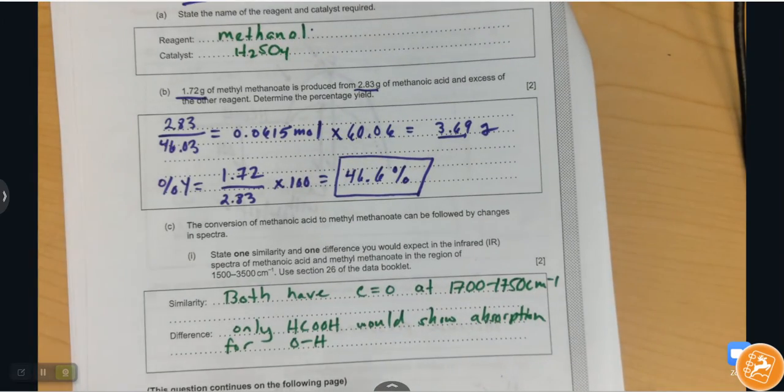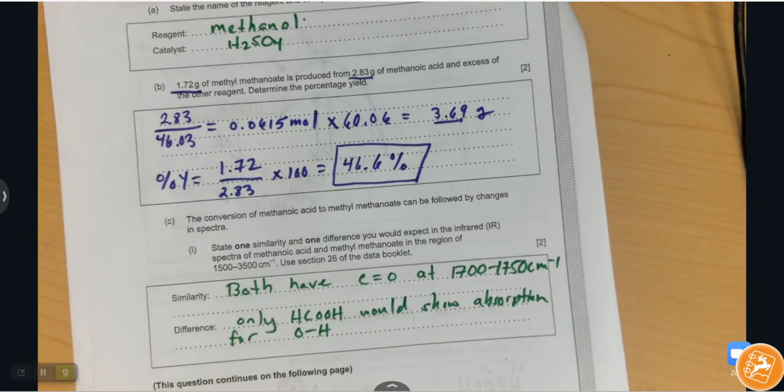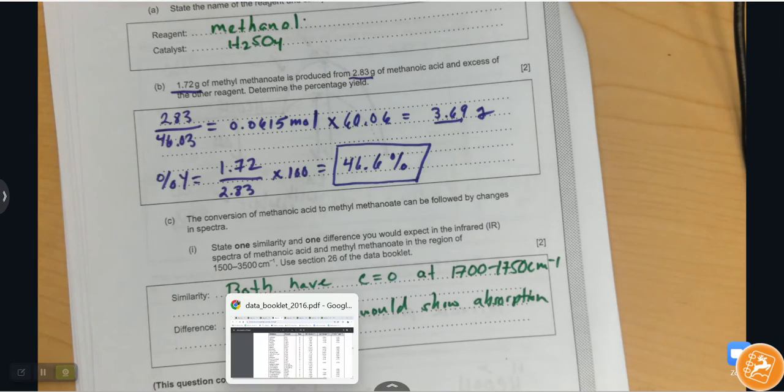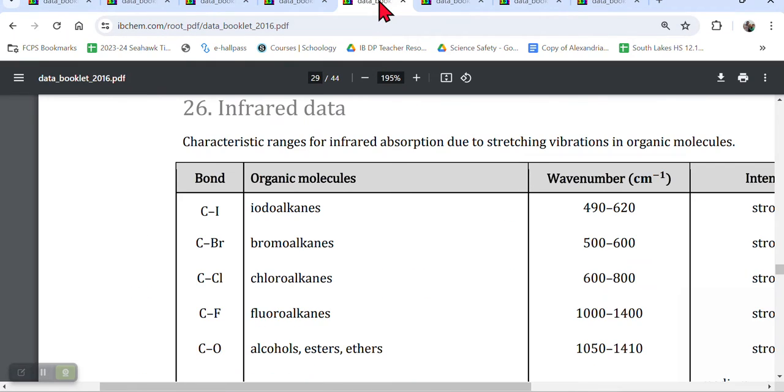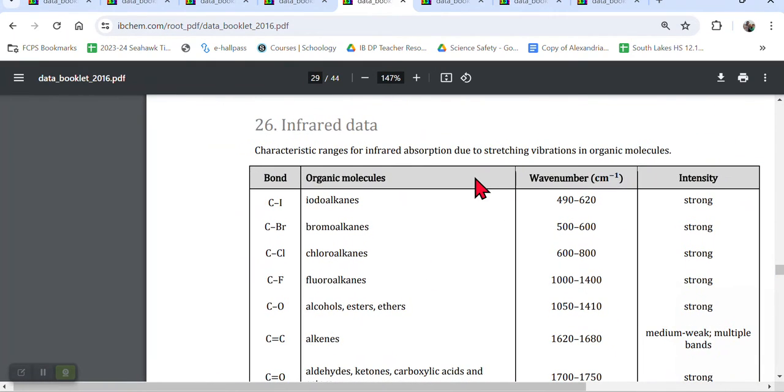All right, so part C says the conversion of methanoic acid to methyl methanoate can be followed by changes in spectra. State 1 similarity and 1 difference you would expect in the infrared spectrum of these 2 compounds using section 26. So if we go to section 26, that's our infrared data.